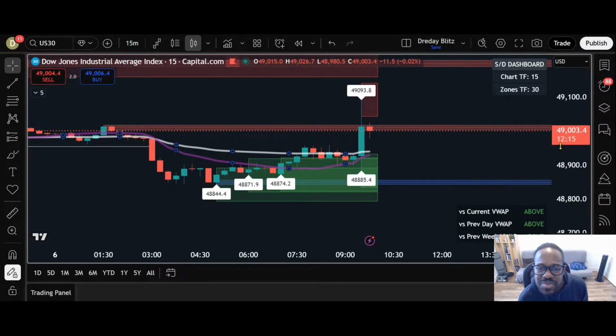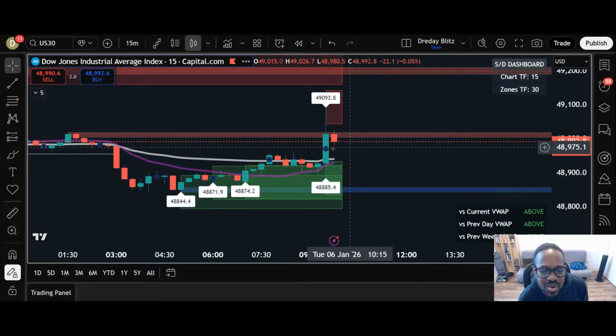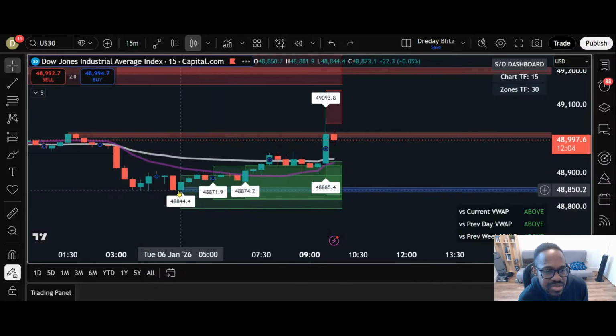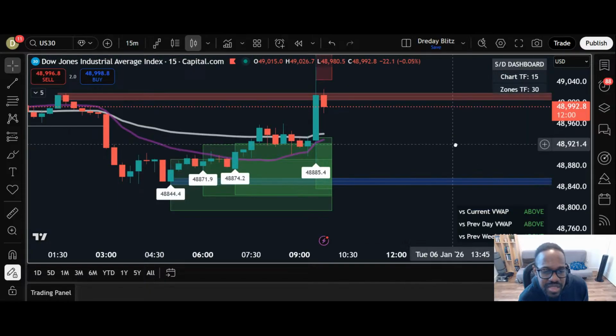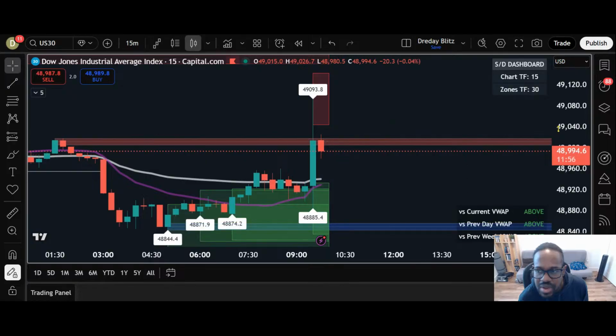Yeah, I'm not gonna go back in. So we have lower highs, higher lows. Sorry, so we had a low here, higher low, higher low, higher low. We had a demand zone right here, and we had a supply zone that was at the top.